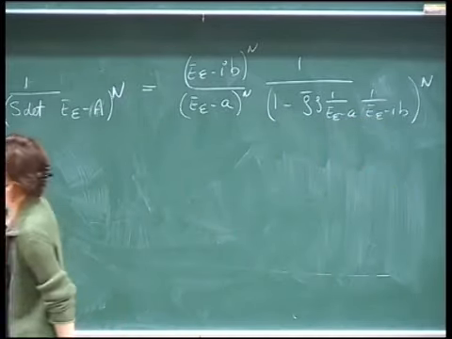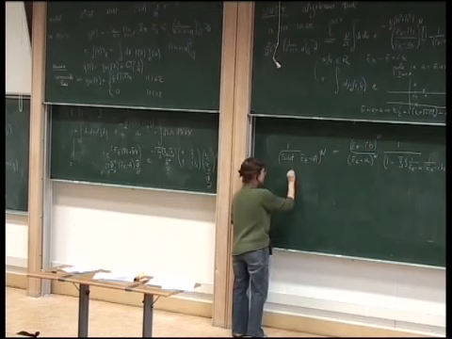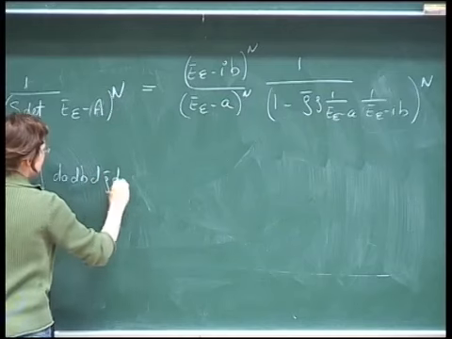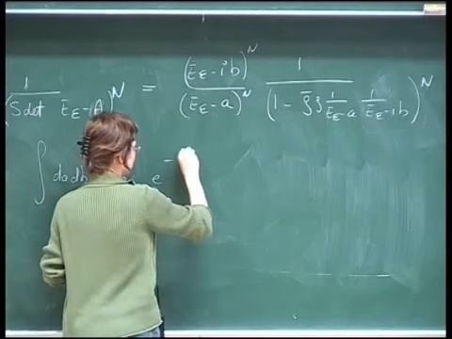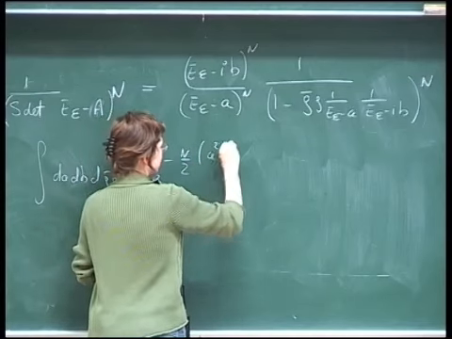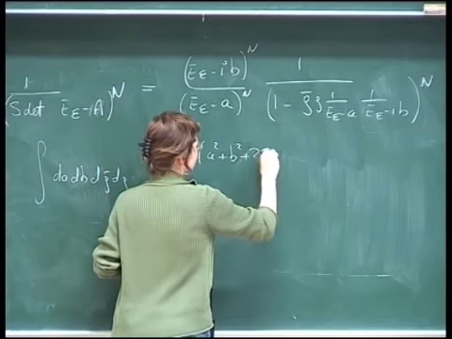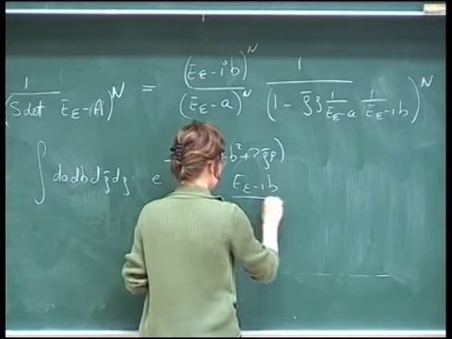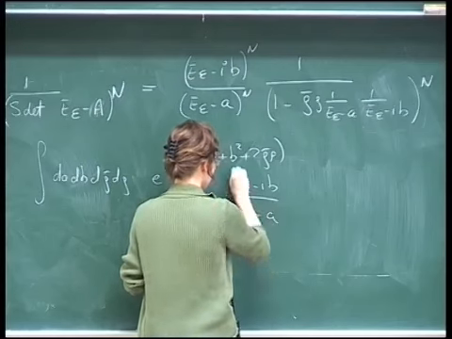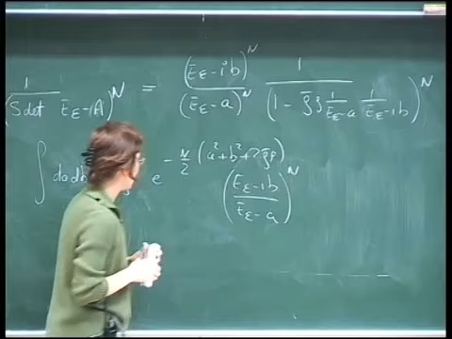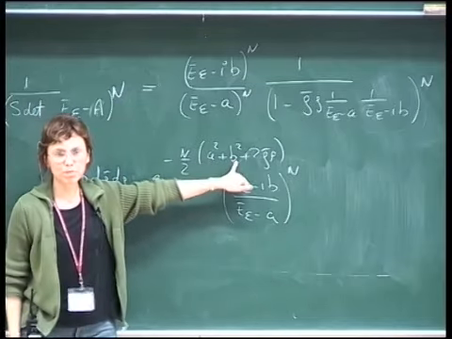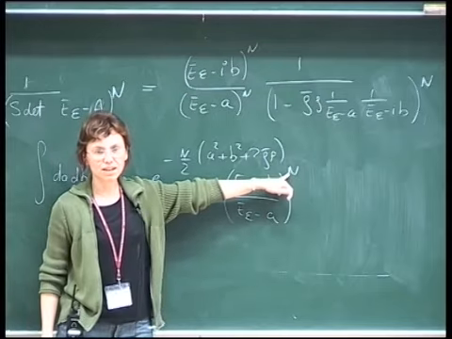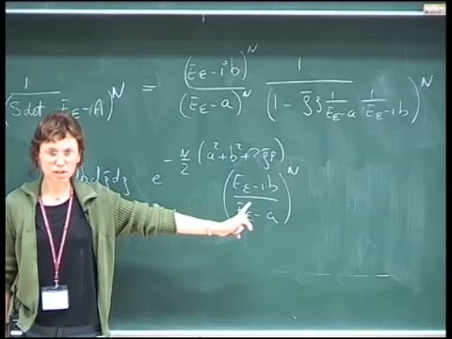So now we can put everything together and we will have integral over dA dB, and you see that here we have the a squared plus b squared and the e minus ib over e minus a to the n, which is what we wanted in the formula.